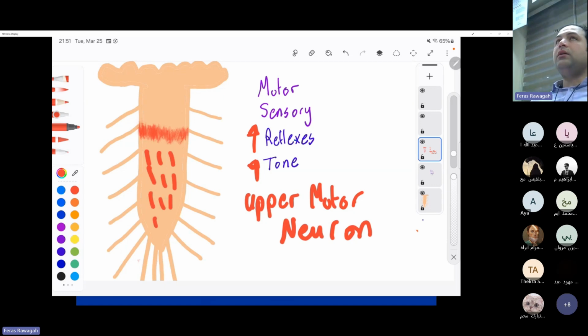This is called upper motor neuron sign. Now, what is the upper motor neuron?